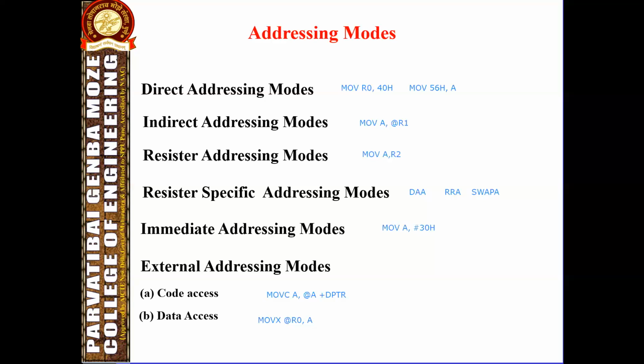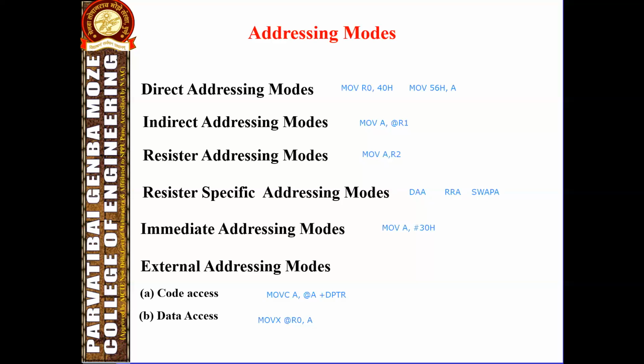Such operations specified by using a specific register are called register specific addressing mode. Here all the operations are done in the register itself. What operations? Swap operation, rotate operation, many operations we can perform in a register itself.